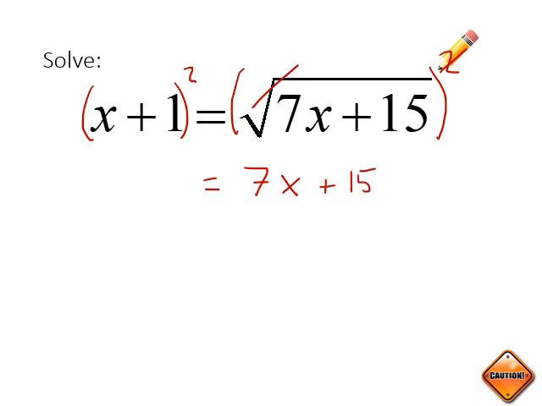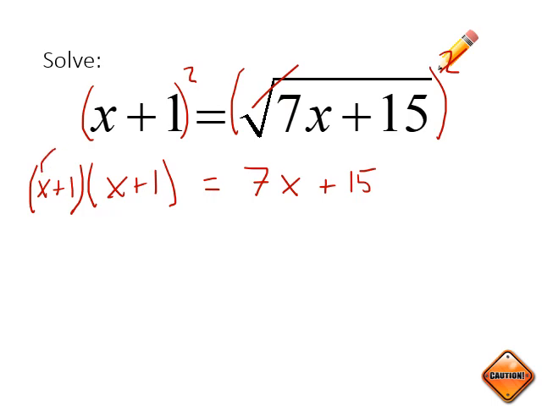On the left side, I have a squared binomial. x plus 1 squared means x plus 1 times itself, x plus 1. I have the multiplication of two binomials. I'm going to multiply, FOIL, double distribute, however you learn that.